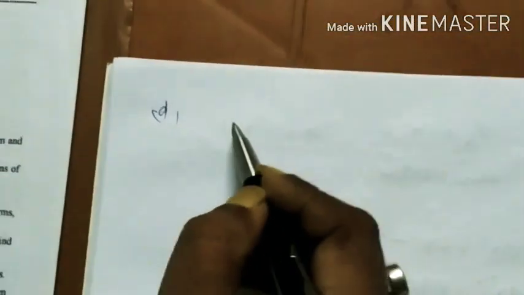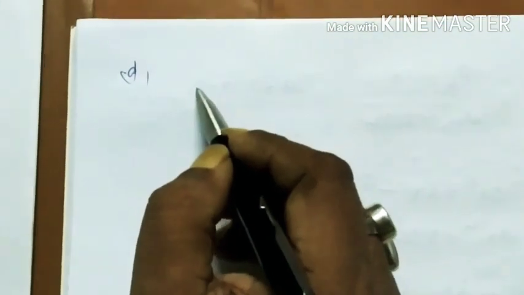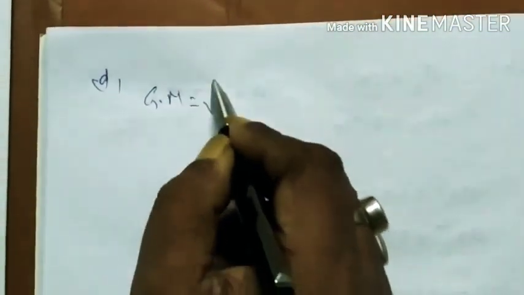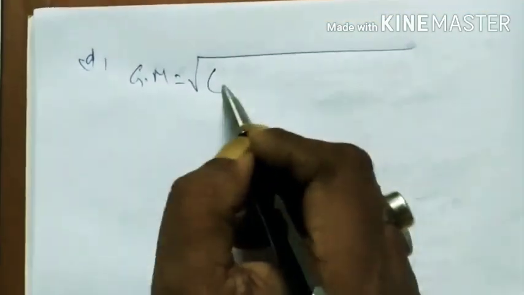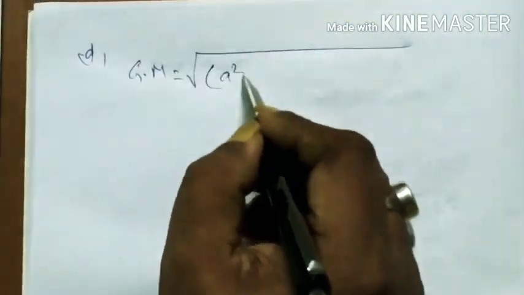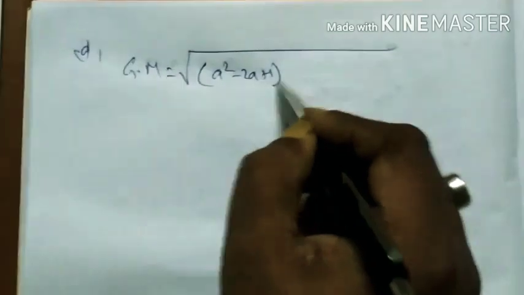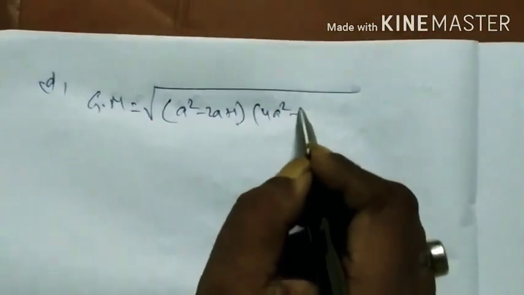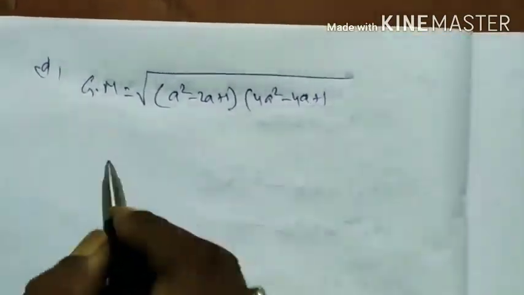Question number D. What is the geometric mean of this and this? So geometric mean is equal to root over the product of the two numbers, that is a square minus 2a plus 1, and 4a square minus 4a plus 1.